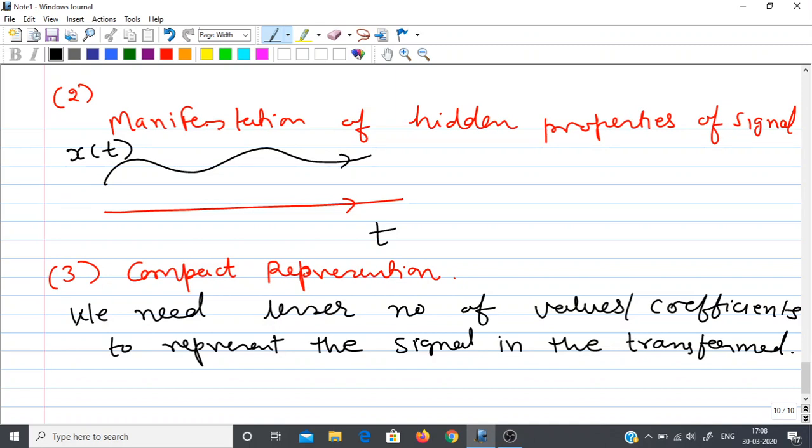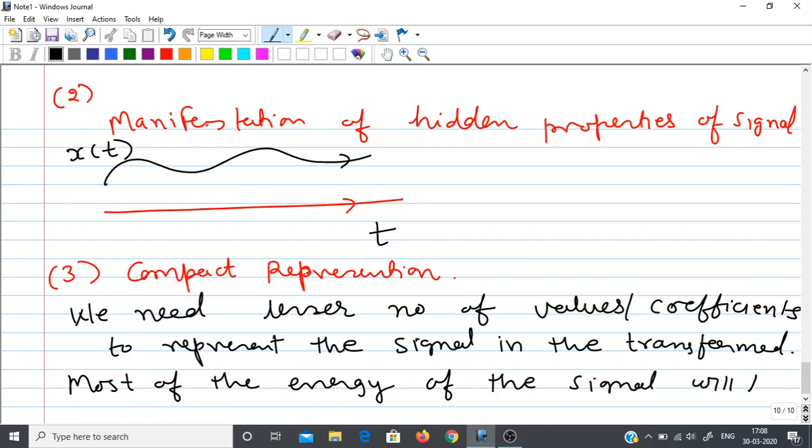So what will happen when we take some suitable transform is that most of the energy of the signal will be concentrated only in fewer transform coefficients.